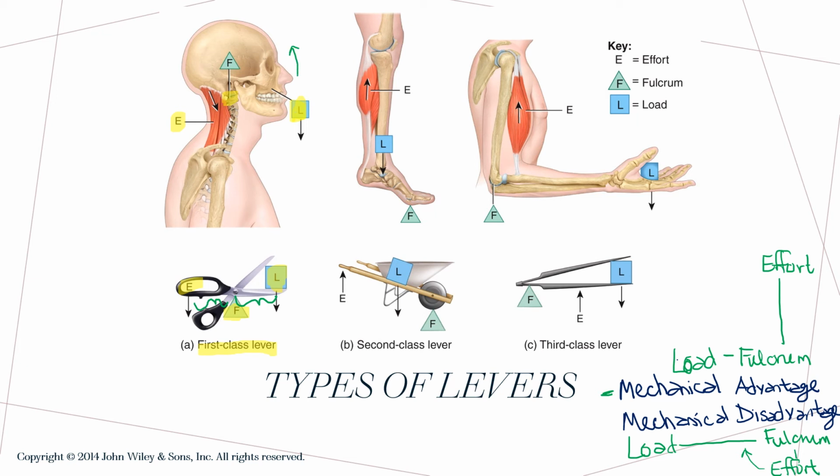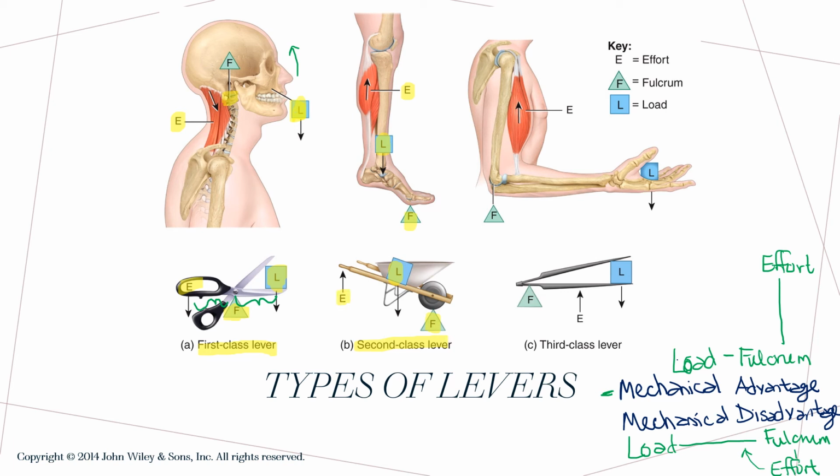Next, we have second-class levers. This is when the load is between the fulcrum and the effort. Second-class levers operate like a wheelbarrow, as you can see here, where we have the load between the fulcrum, which is the wheel in the case of a wheelbarrow, and the effort, or the handles there.